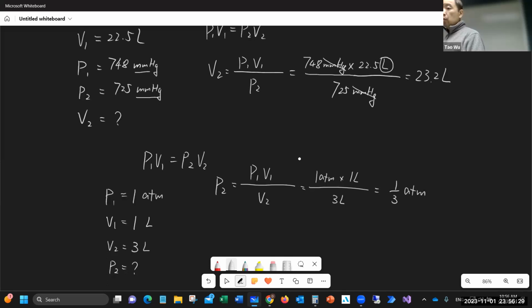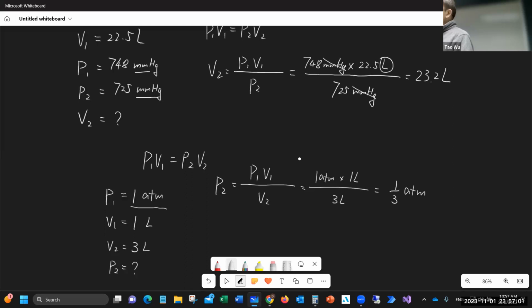Compared to the original one, which is 1 atmosphere, P2 is 1/3 of an atmosphere. So if you increase the volume 3 times, the pressure will decrease 3 times. That makes sense, right? So this is inversely related. Pressure and volume are inversely related.